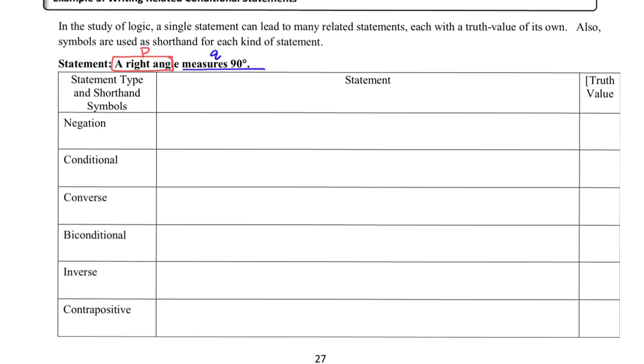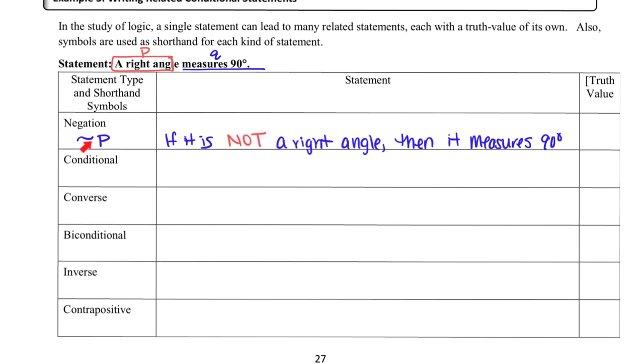So if I want to write the negation of that statement, we are going to negate P. Something to remember when using negation: if the statement is true, the negation has to be false. So according to how the rule is written, this is what you'd think the negation would look like, but this sentence doesn't make any sense because the only angles that measure 90 are right angles.